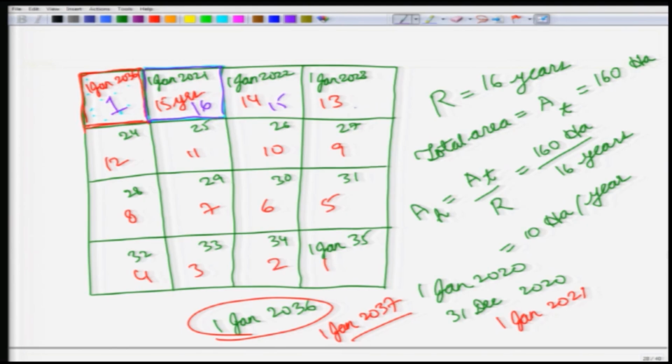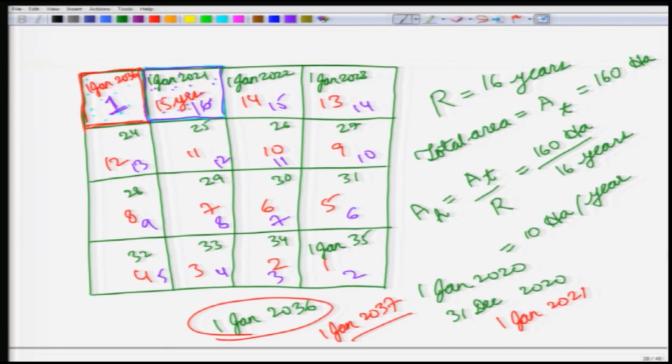This is 15, 14, 13, 12, 11, 10, 9, 8, 7, 6, 5, 4, 3, 2 and this one is 1. Now, on 1st of January 2037, what do you do? You clear fell this section.